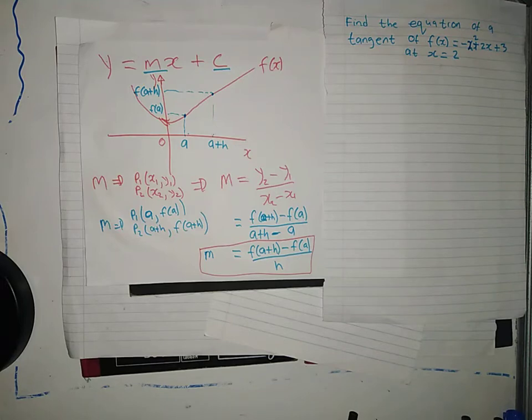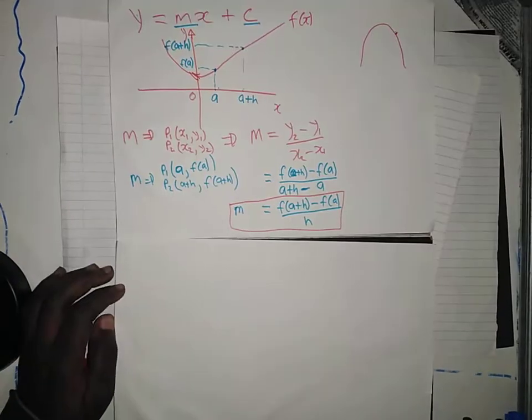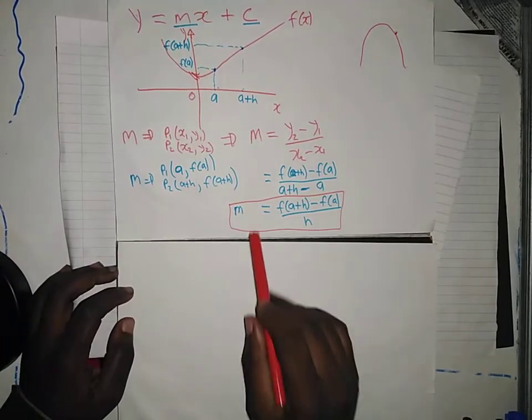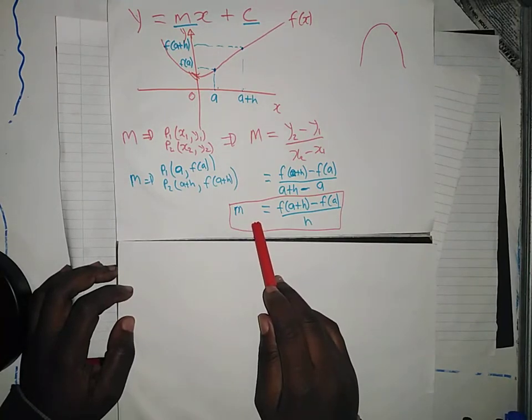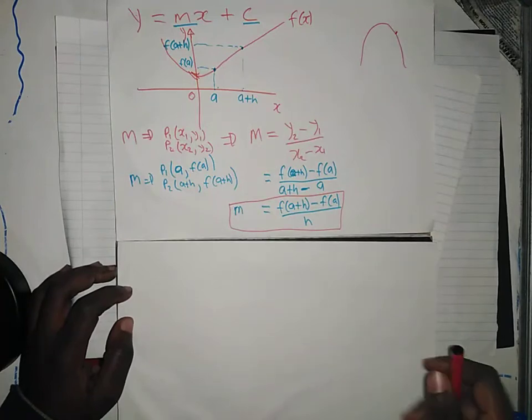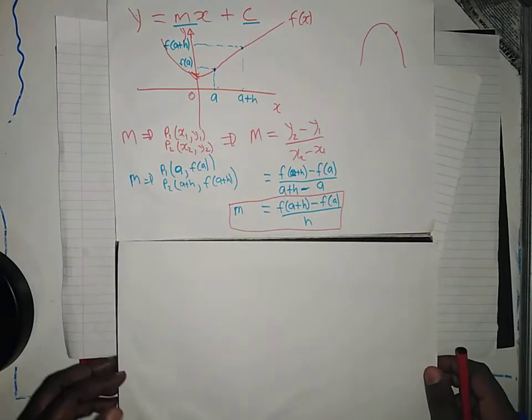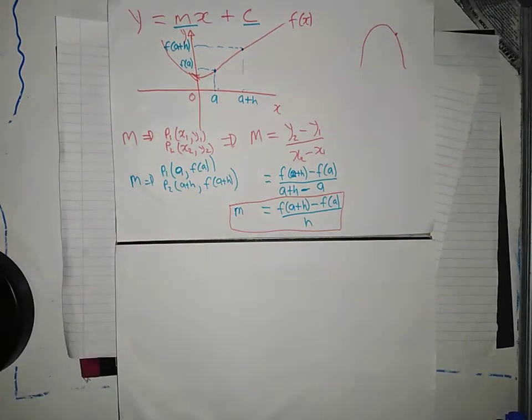Now, what will happen from here? So, ladies and gentlemen, this is an approximate of a gradient of this one. It's not a gradient, it is an approximate of a gradient. Now, what can you do next? You can introduce another point, say maybe here.